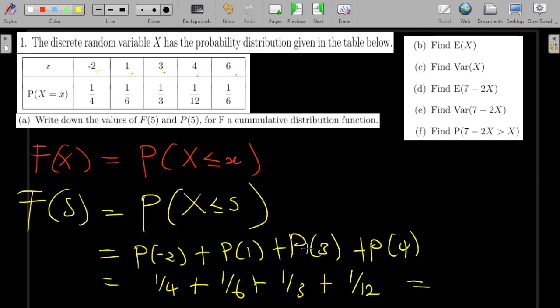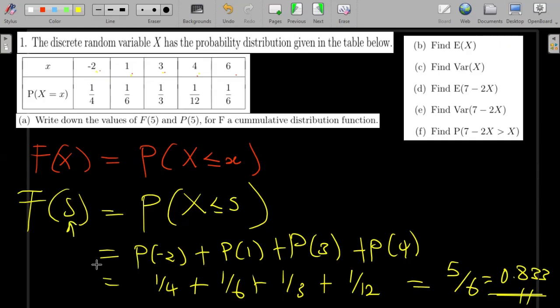These are fractions, you should be able to add them. When you add all these fractions, you get 5 over 6. When you put this number in decimals, you get 0.833.